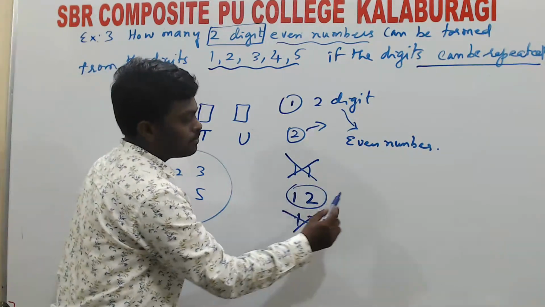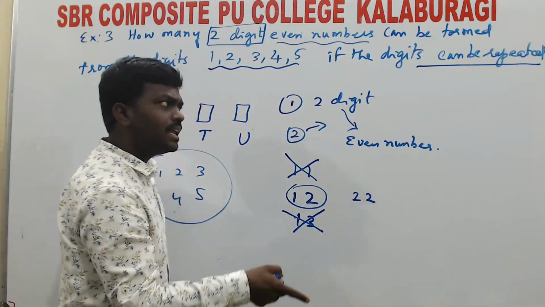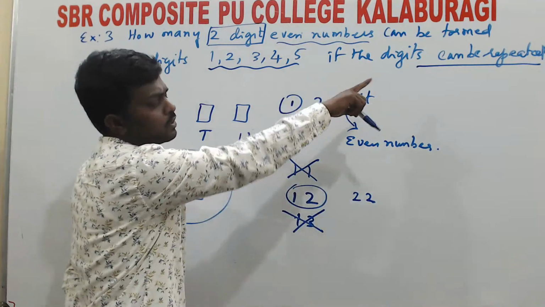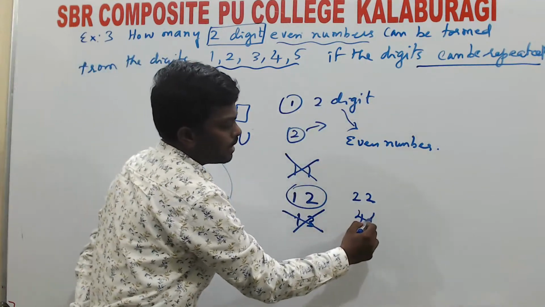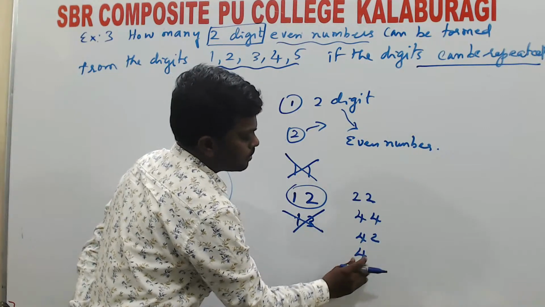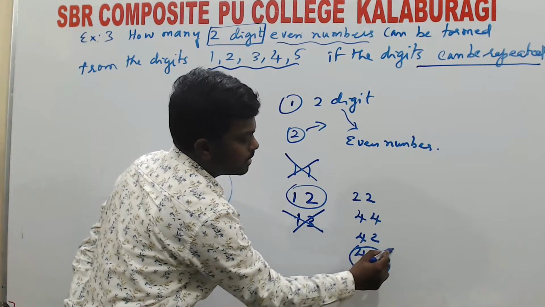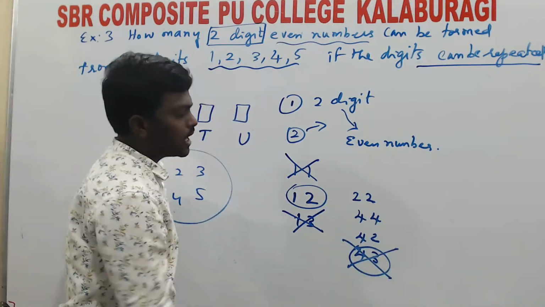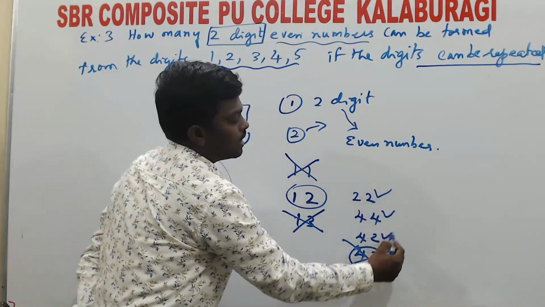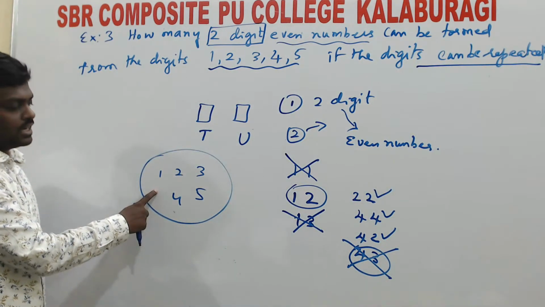Only such types of numbers we can consider. You can consider even the repeated ones because they told us we can repeat the digits, right? So 42 is fine, but 43, if we take it, is not an even two digit number, so this is also not possible. Okay, how many such numbers can be found among the collection of 5 digits?